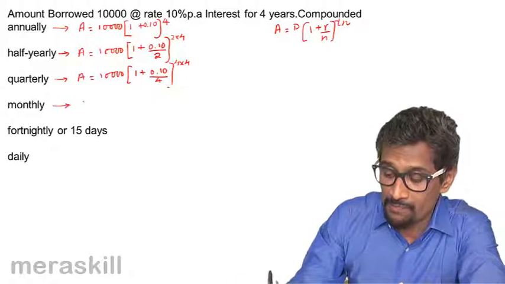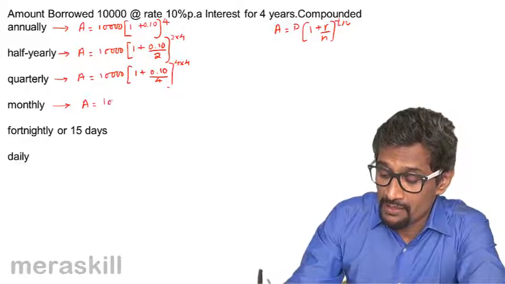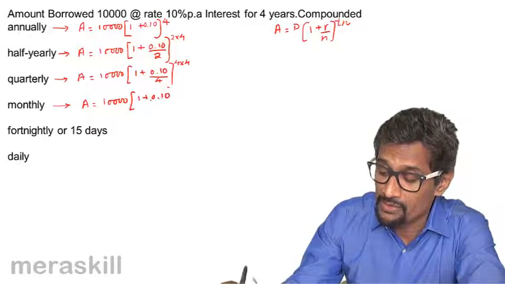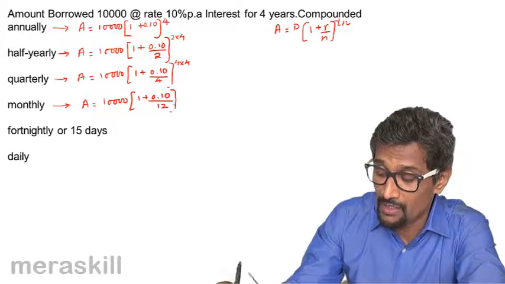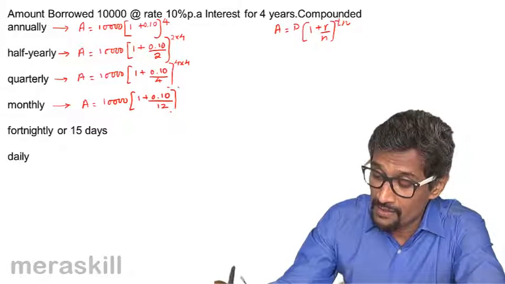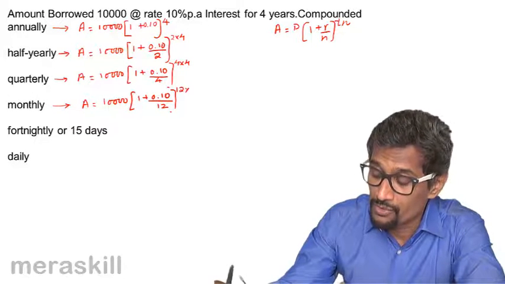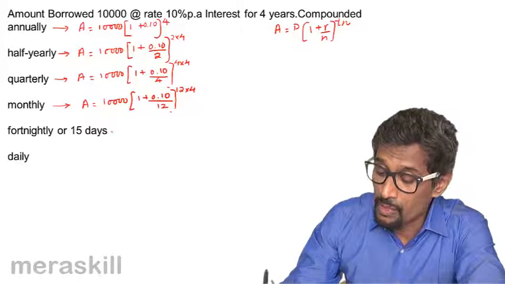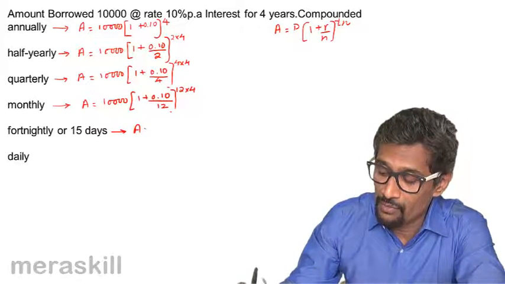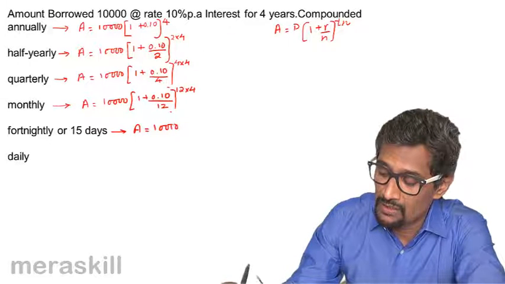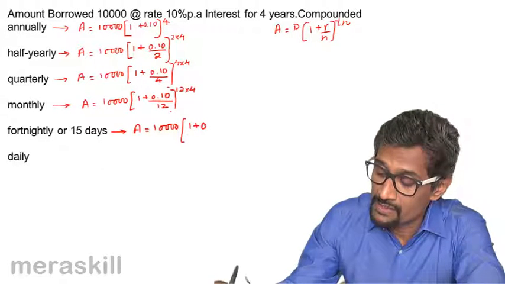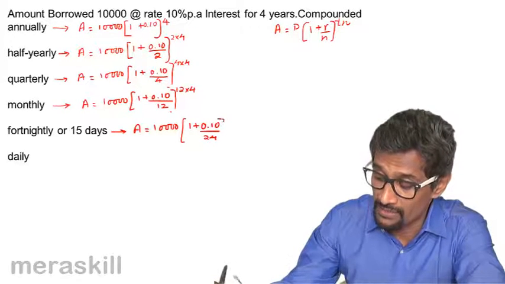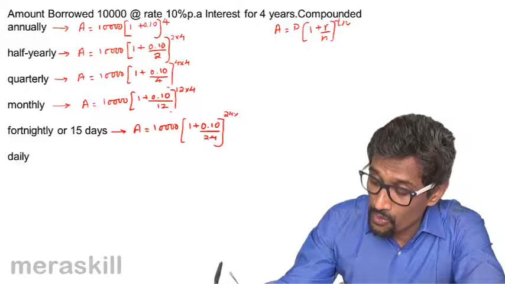If it's monthly, it's going to be 10,000 into 1 plus 0.10 by 12, because there are 12 monthly periods, raised to 12 into 4, so 48 times it will be compounded. Suppose it is compounded fortnightly, A would be equal to 10,000 into 1 plus 0.10 upon 24, because there will be 24 fortnights in a year, raised to 24 into 4.